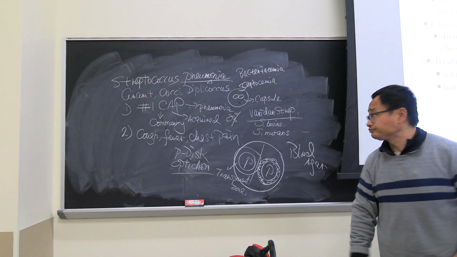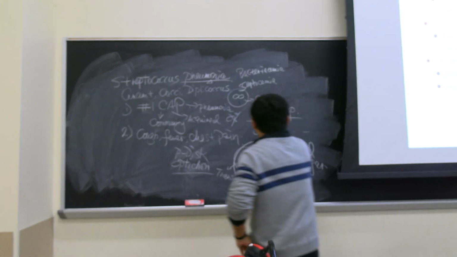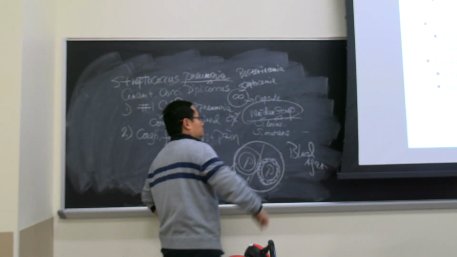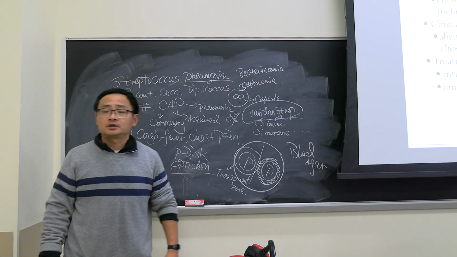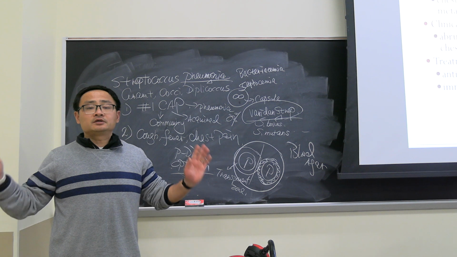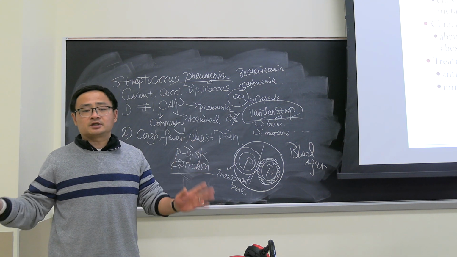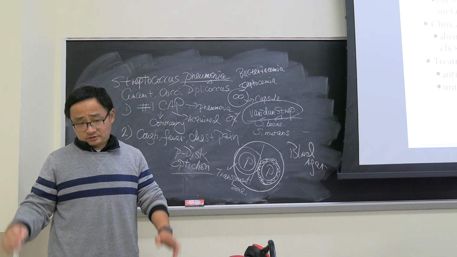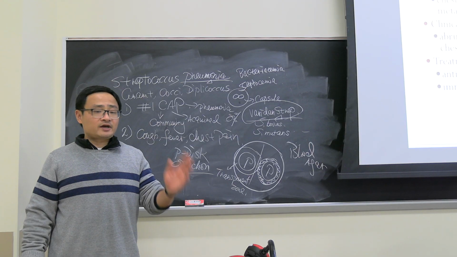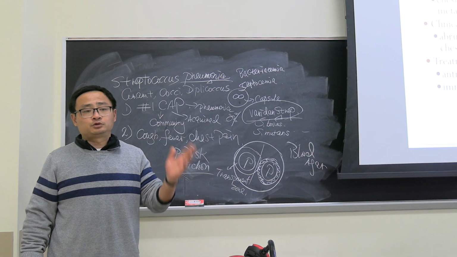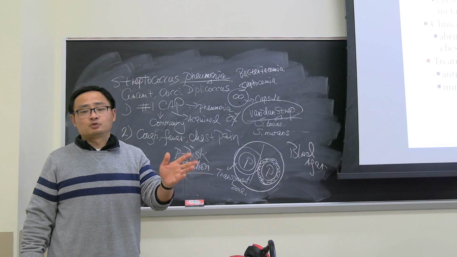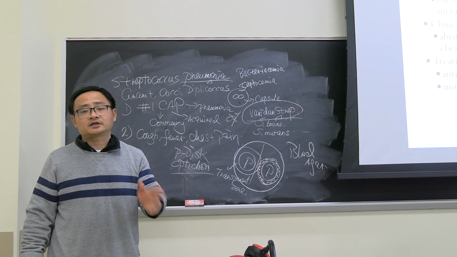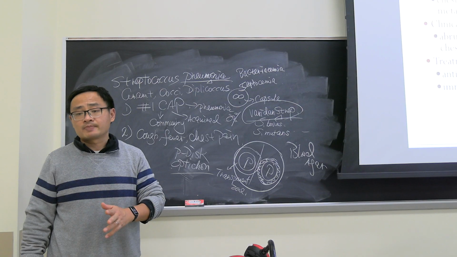Another thing, Viridans streptococcus, you should not just dismiss that. Very often we see the example in the old days of a 70-year-old grandma going to see a dentist, taking out her wisdom teeth, and she died a couple of days later.